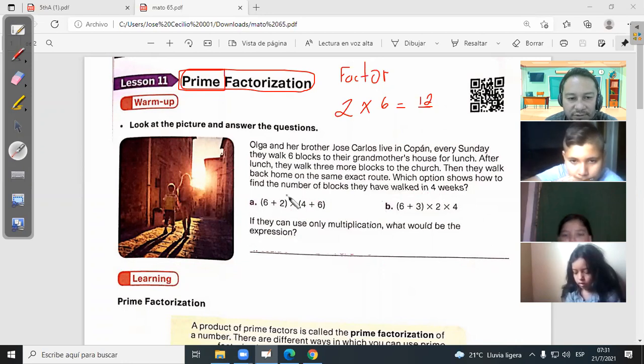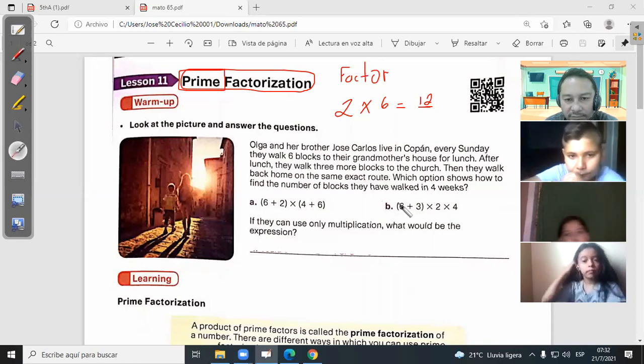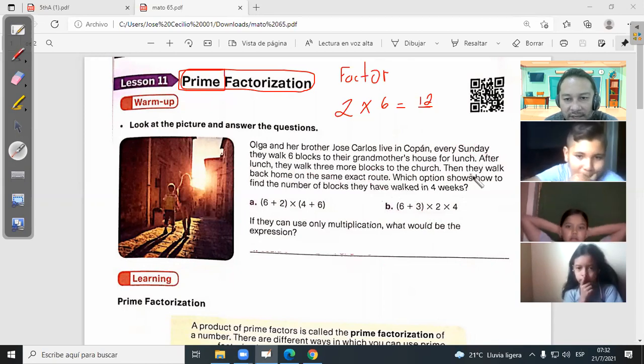So one of the two options is B, written here. A or B. Okay, B. We have the 6 blocks here, then we have the 3 more blocks, and then the same route.